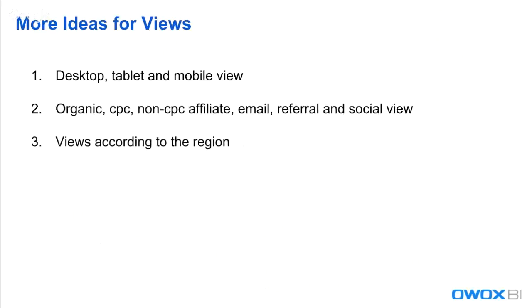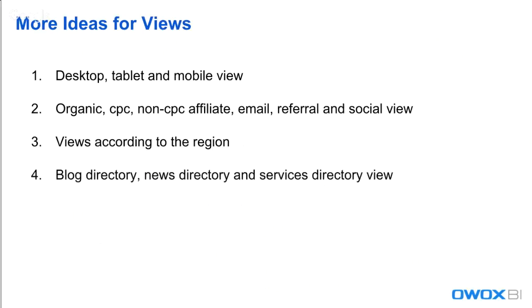And views according to the region, and if you have a blog, it can be a blog directory or news directory or something else, and user ID views and domain views. So if you have a few domains, that's a great tool for you to create more views.